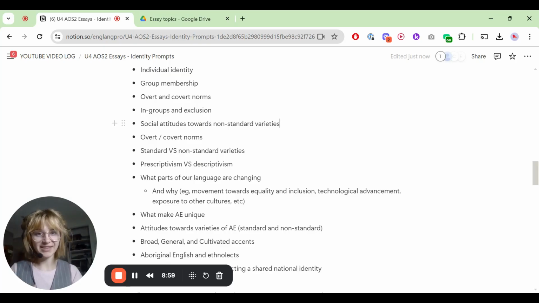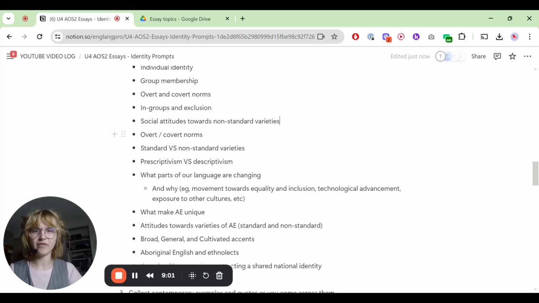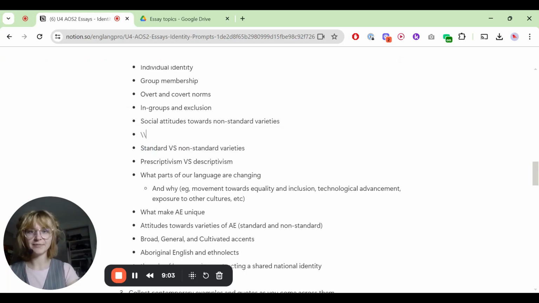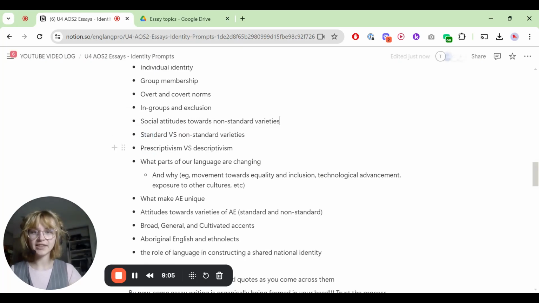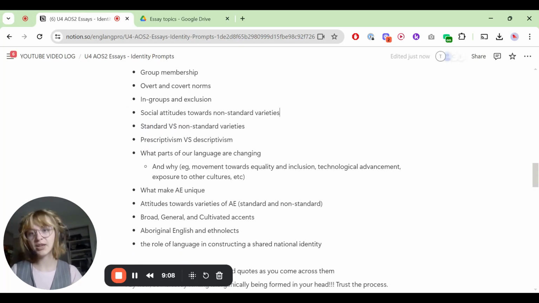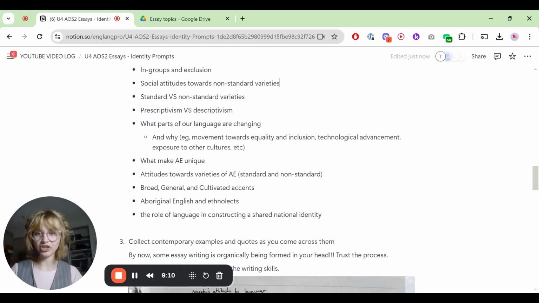Pick that up, write that down, you're going to talk about it. Overt covert norms I've got twice, that's how important it is. Standard versus non-standard, prescriptivism, descriptivism, why parts of our language are changing. So egalitarianism, PC language, woke language, that's all very relevant here.